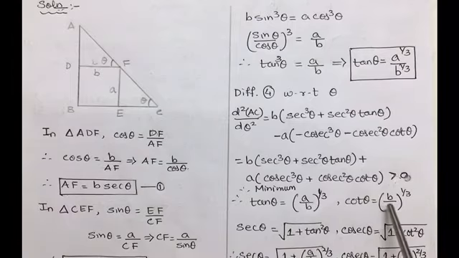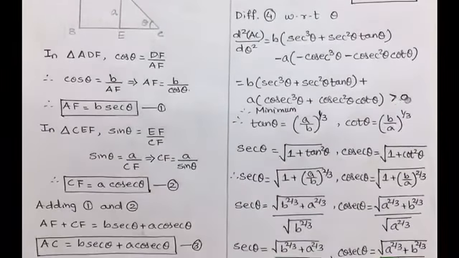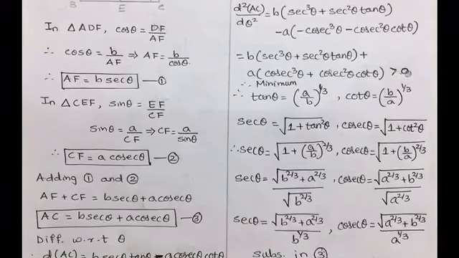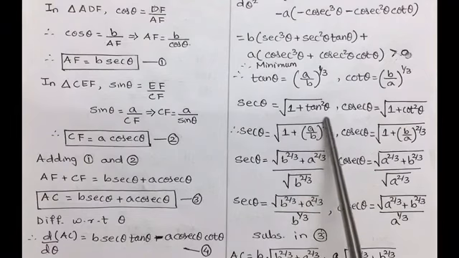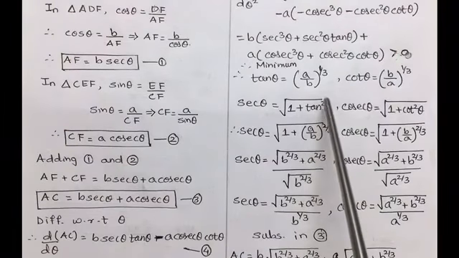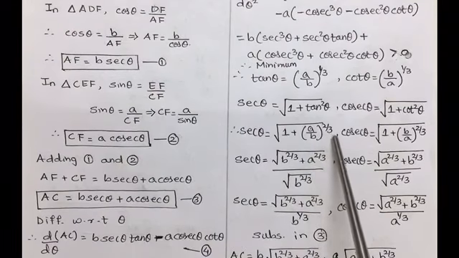Cot theta will become reciprocal of tan, so B upon A raised to the power 1 by 3. Calculating sec theta by using identity, sec theta is under root of 1 plus tan square theta. Keeping the value of tan theta, we get root of 1 plus A upon B raised to the power 2 by 3.